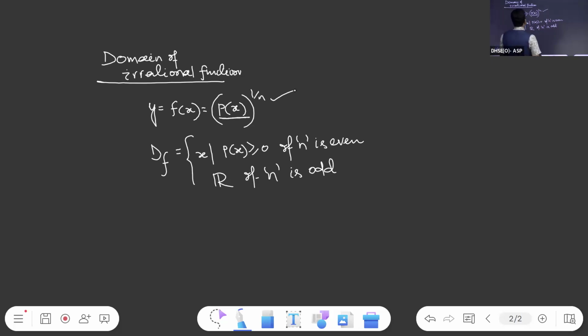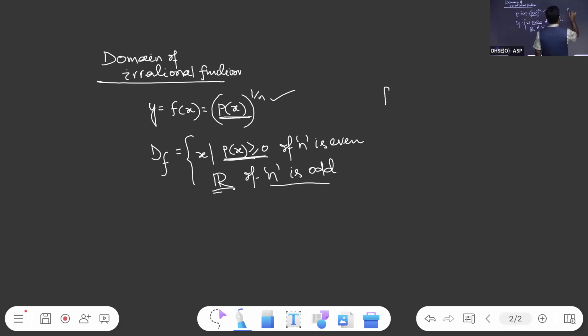So for the function to be defined, if n is even, p of x should be greater or equal to 0. Otherwise, an imaginary value will come. If n is odd, then p of x can take any real value, positive or negative, whatever. So if n is odd, the domain of the function is R.